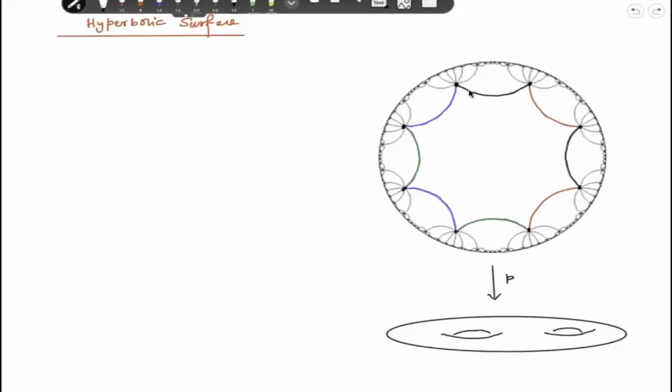So in this lecture, we'll further continue the discussion and we'll prove that if you take a closed orientable surface of genus equal to 2, it admits a hyperbolic metric. So let us begin. Let us recall what we have done in the last class.